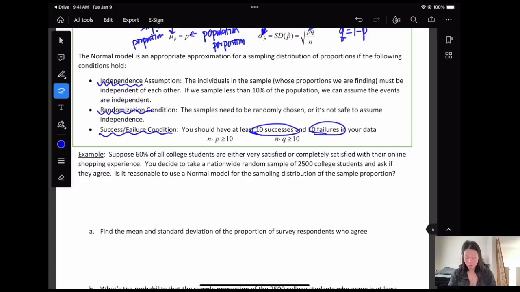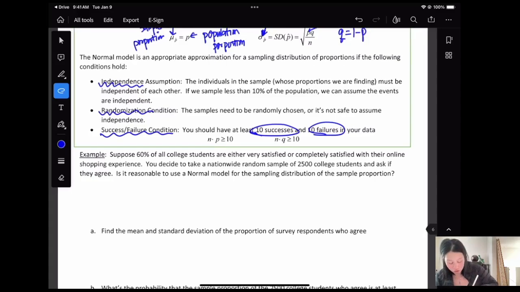For example, suppose that 60% of college students are either very satisfied or completely satisfied with their online shopping experience. You decided to take a nationwide random sample of 2,500 college students and ask if they agree. Is it reasonable to use the normal model for the sampling distribution of the sample proportion?